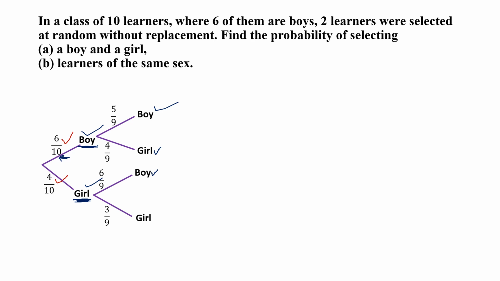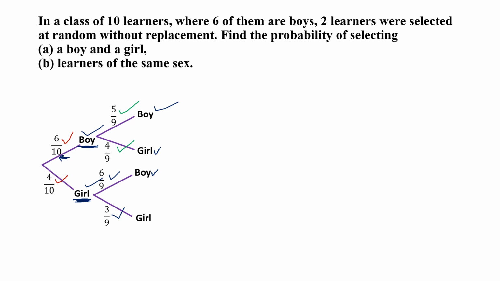If you add the probability of a boy here and a girl here, you must also get 1. So in this case, we are getting 1 in each of these pairs. Right, that's always the case. So we can proceed to the next step.